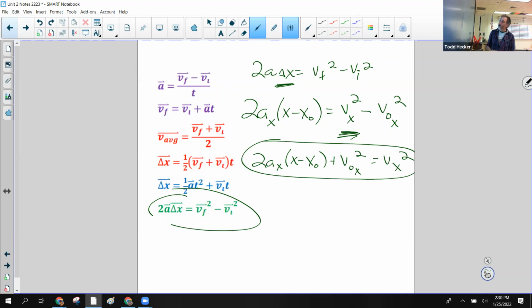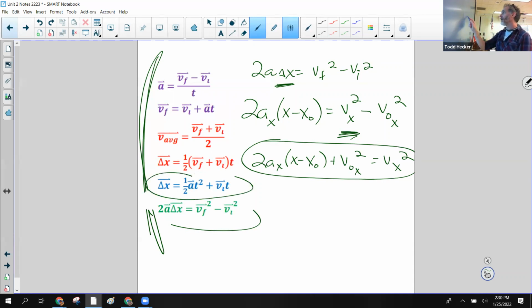Honestly, when I do my problem solving this year, I'm pretty much going to stick to these guys. Really, I think the only time I ever use the AP physics version of the equations is this one, if you're looking for position. So those are the equations.